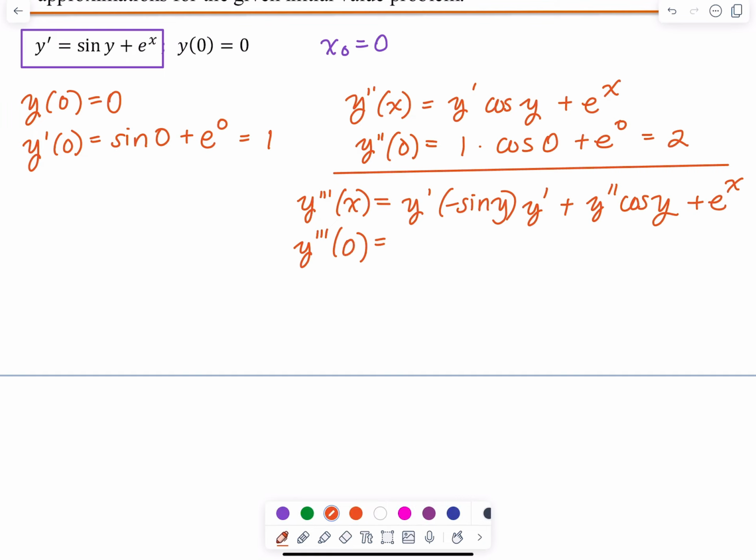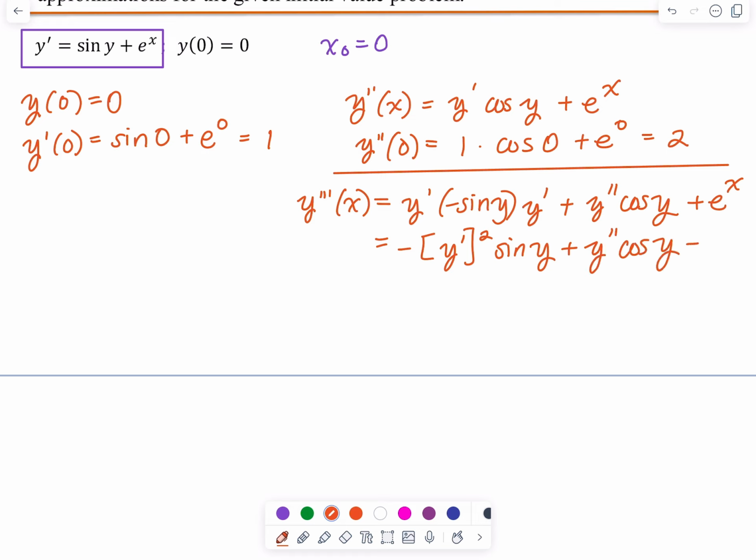Let's simplify this real quick. This is equal to the opposite of y prime squared multiplied by the sine of y plus y double prime cosine of y plus e to the x. And now we will evaluate this at 0.